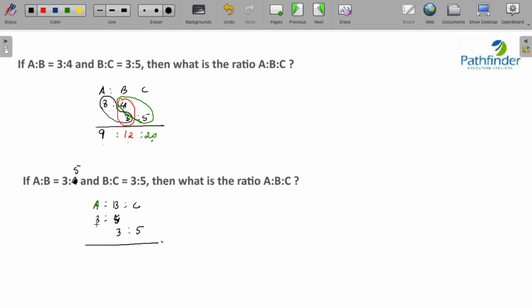For A, you will multiply 3 and 3 and get 9. For B, you will multiply 5 into 3. 5 threes are 15. For C, you will multiply 5 into 5 and get 25. So the required ratio is 9 as to 15 is to 25.